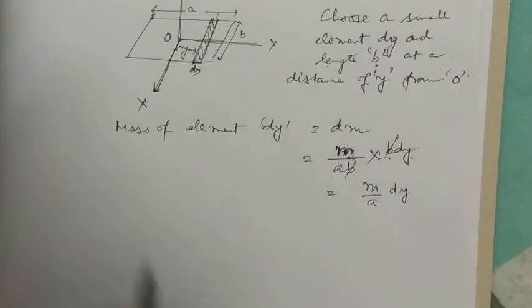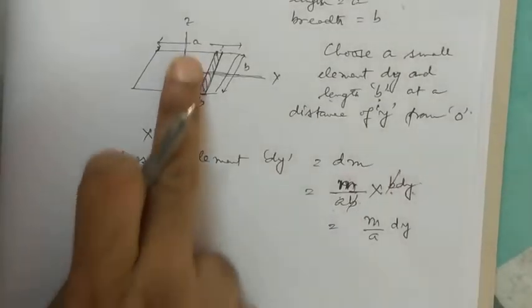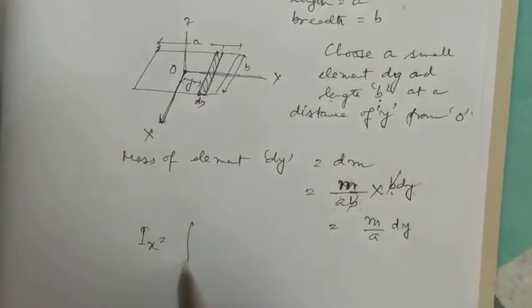Now the formula for finding out the moment of inertia about the x-axis, so we write Ix, moment of inertia about the x-axis, this axis. Now what will be this?